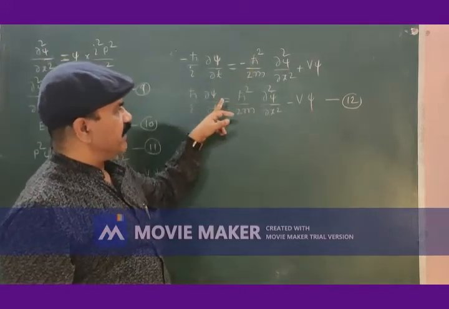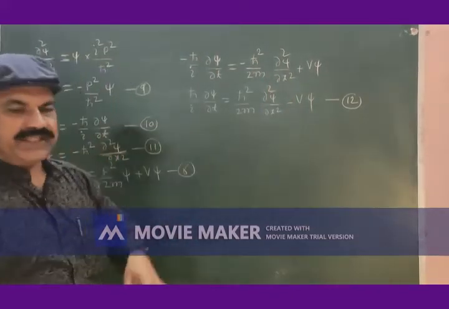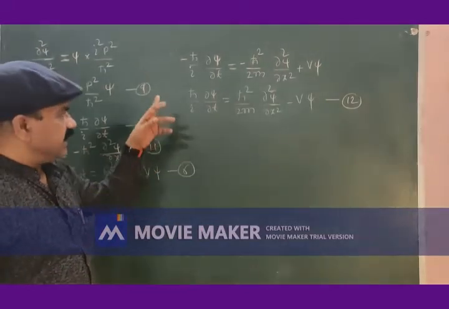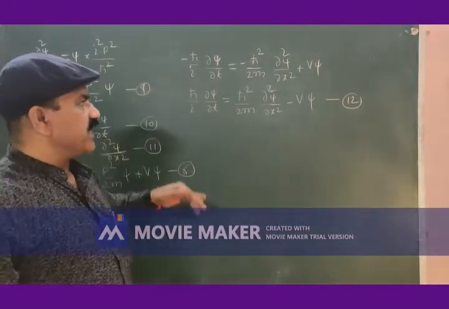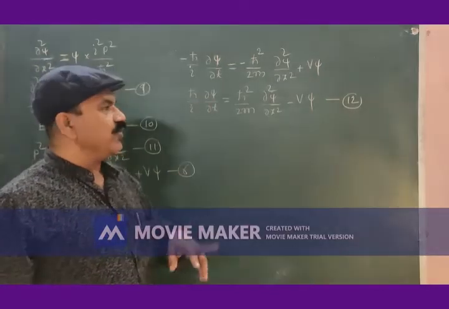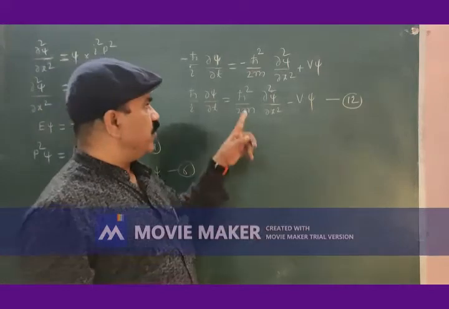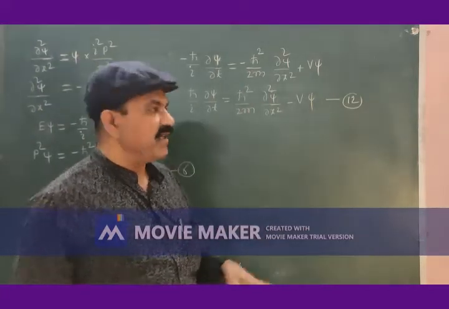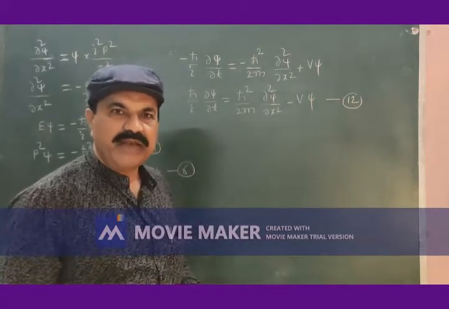This minus minus will become plus, and this minus plus will become minus. And we have the equation h cross divided by I into dou psi by dou t is equal to h cross square divided by 2m into dou 2 psi by dou x square minus d psi, equation number 12.